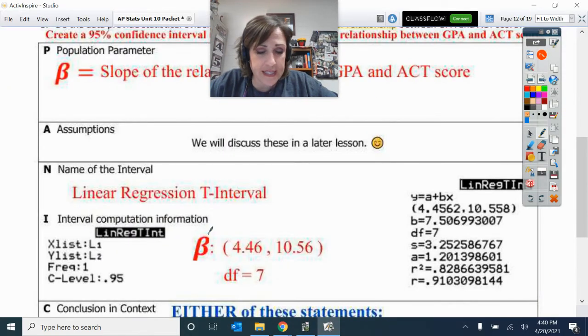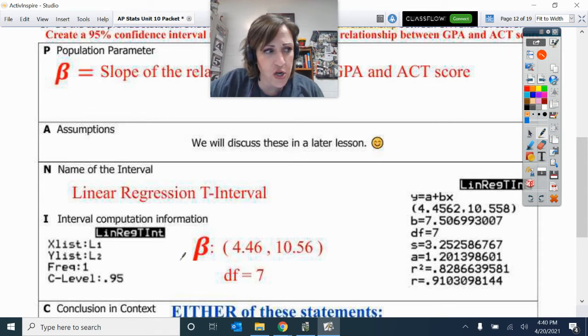So that gives us this, and here's my beta. I like to put this here to remind me that I'm estimating my slope. That's probably not required, but here is that interval. Don't forget to write out your degrees of freedom, which in this case, there were 9 pieces of data, so we had degrees of freedom 7.